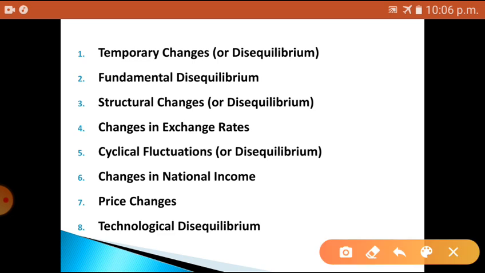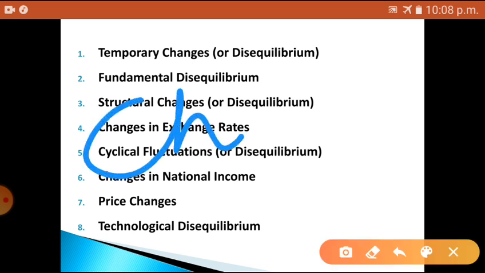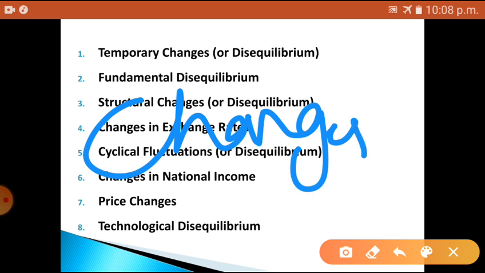Next, the eighth point is technological disequilibrium. Technological disequilibrium in the balance of payments is caused by various technological changes.